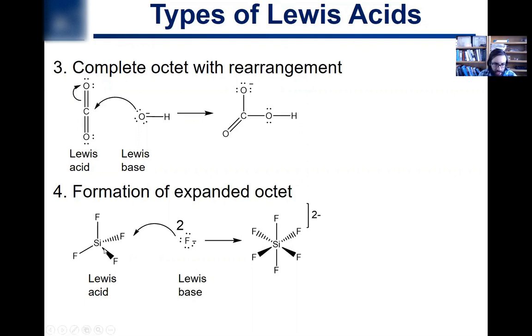So here it has an octet, but it can form an expanded octet, which violates the octet rule, but that's okay for silicon because of the involvement of d orbitals. And you can see that then this would be considered a Lewis acid. Formally, this arrow should be going to the silicon atom, but you get the idea. This is a Lewis base because it's donating electrons, and the silicon tetrafluoride is a Lewis acid because it's accepting electrons.